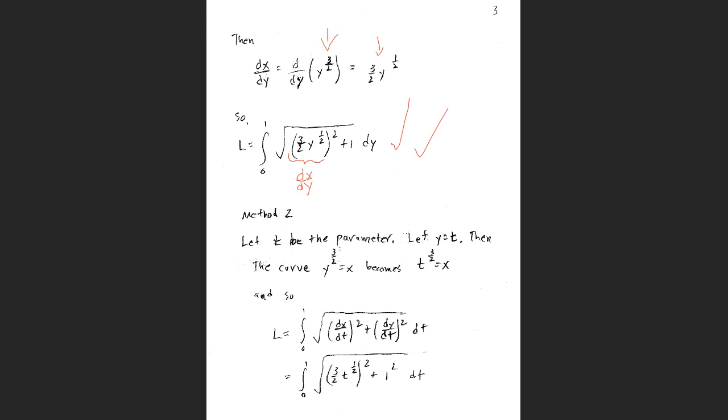Yes, I'm not sure how you got dx/dy equals what you wrote. Well, where did y to the power of 3/2 come from? So our function, of course, is y to the 3/2 power equals x.